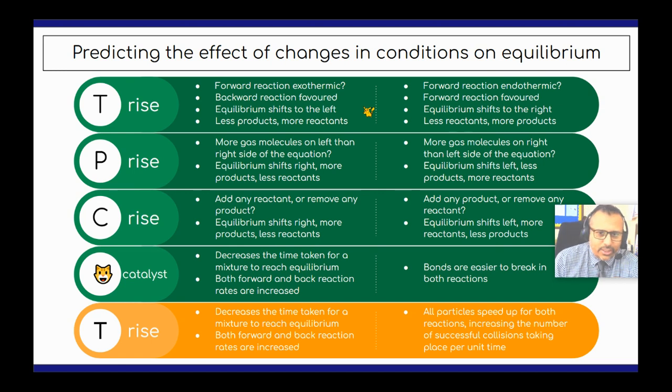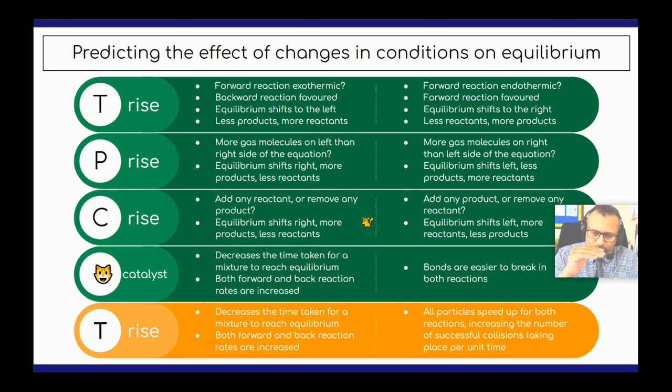The other thing that we started talking about was what would happen if we change concentrations. Generally speaking, if you raise the concentration of any reactant, that helps because it shifts the equilibrium over to the right. You get more products and less reactants because the forward reaction is taking place at a higher rate.